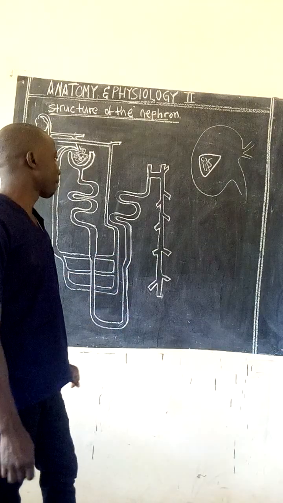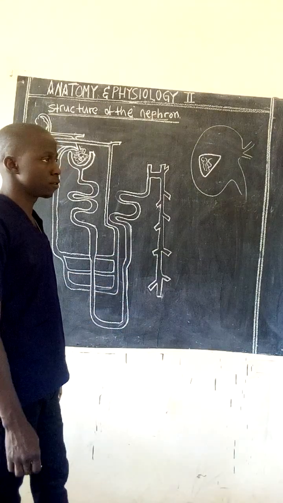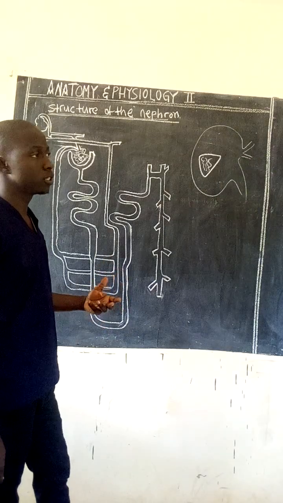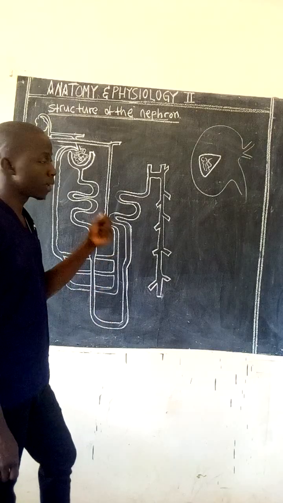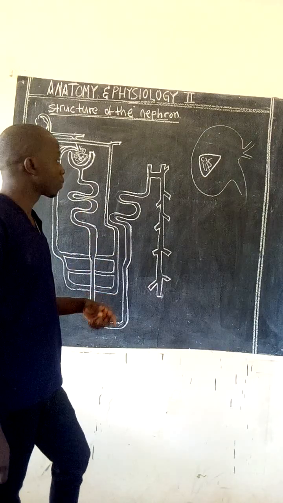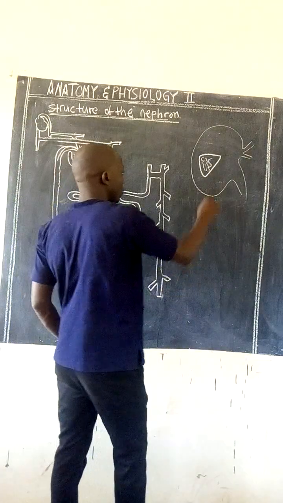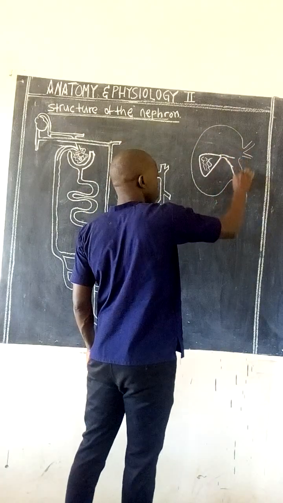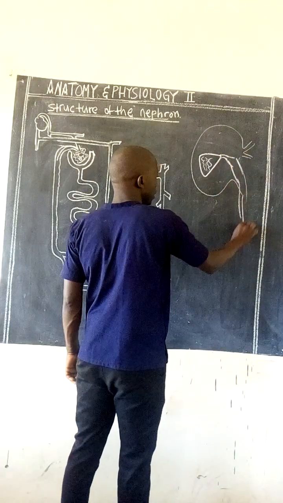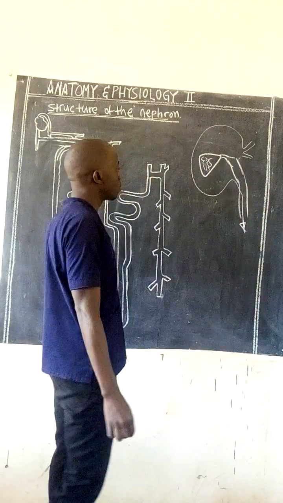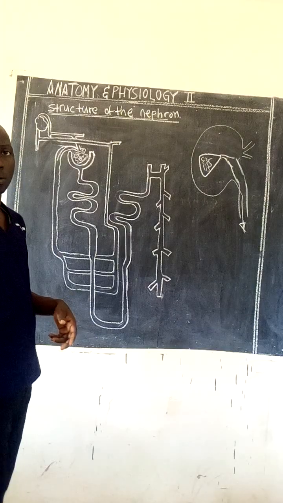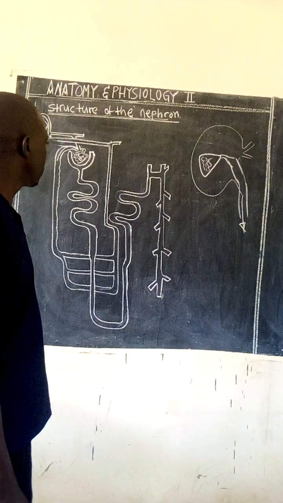There are very many nephrons found within a pyramid of a single kidney. And we said these pyramids drain to minor calyces, which form major calyces to the renal pelvis and pass out waste fluids, which we call urine.